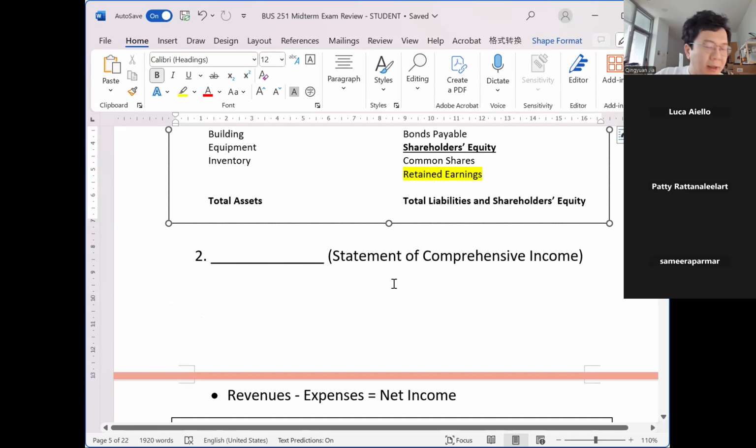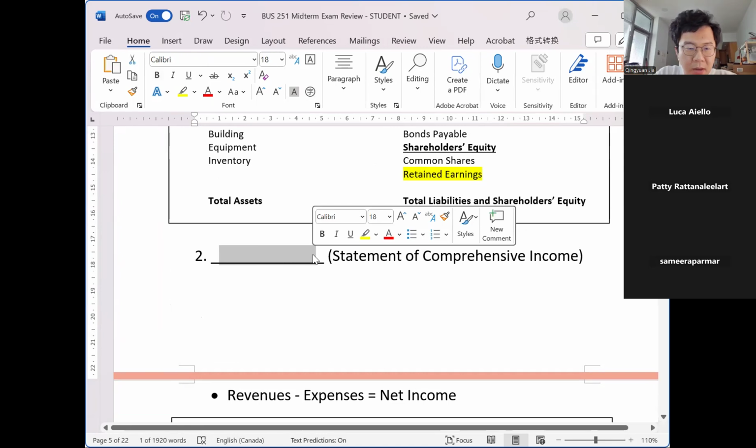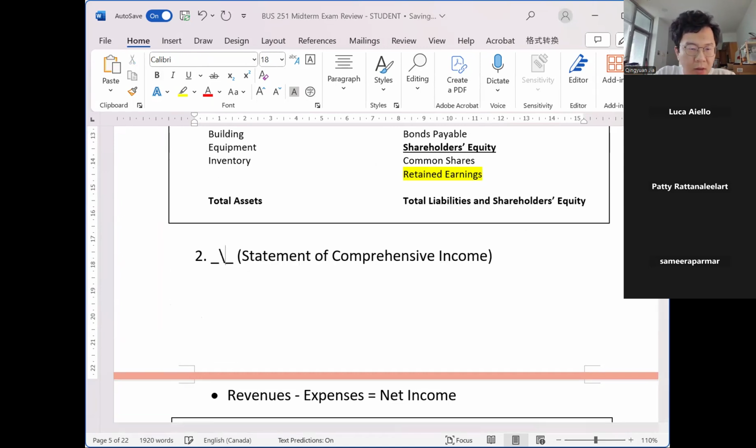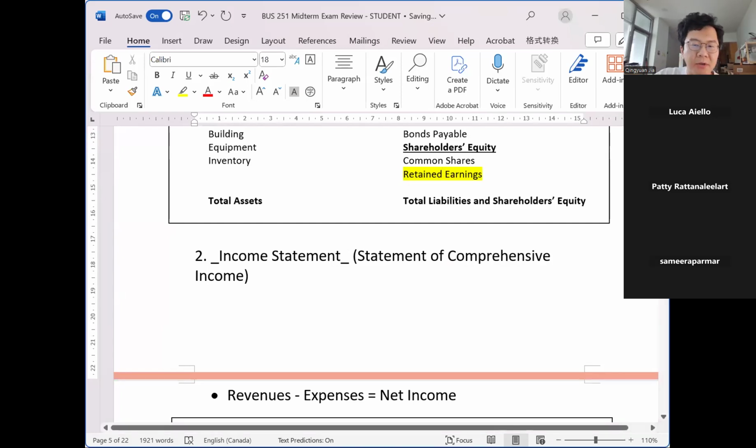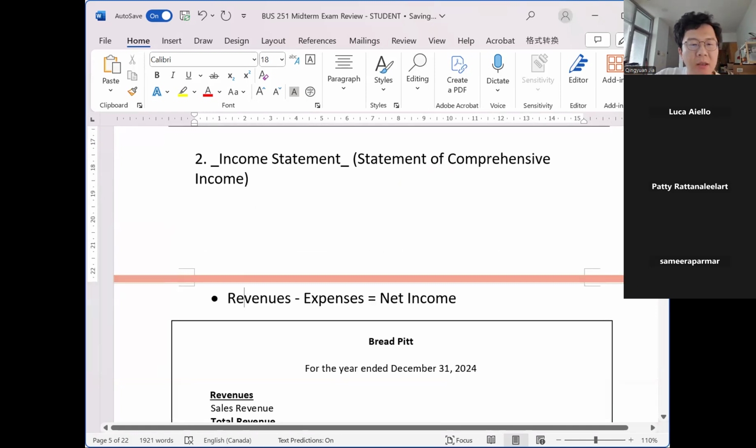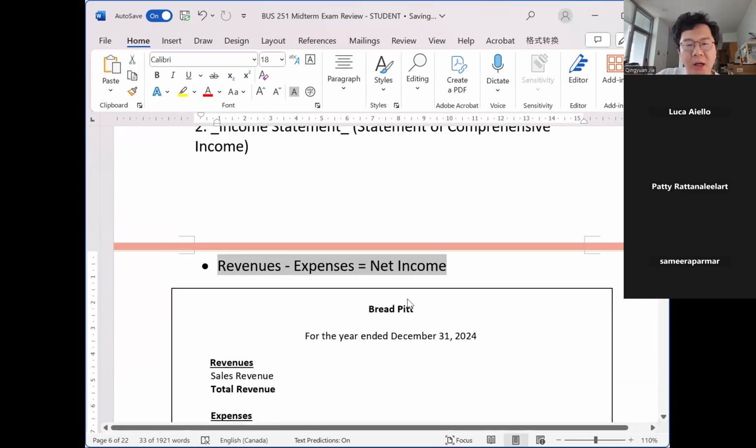And next thing, let's talk about income statement. And this income statement is also called statement of comprehensive income. And the fundamental equation that we will use for this income statement is revenue subtract expense equals net income.